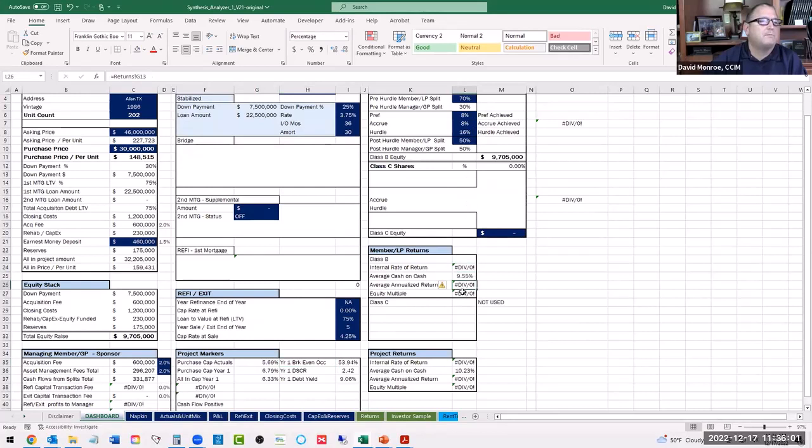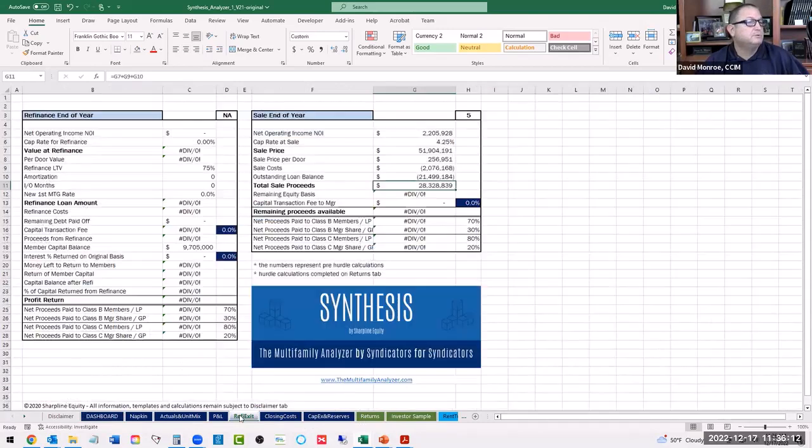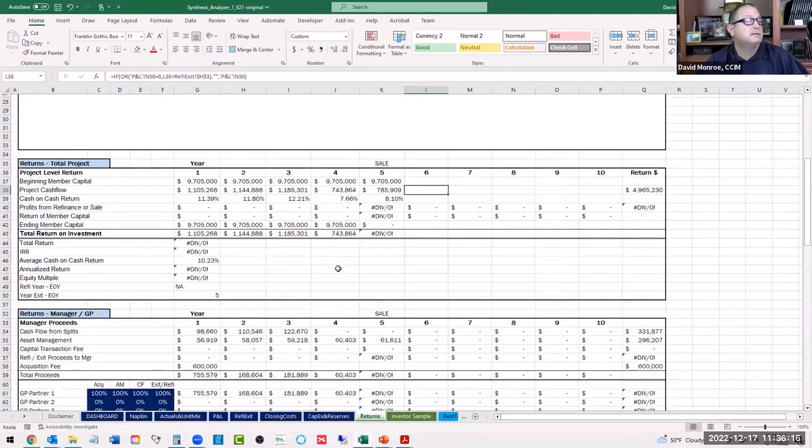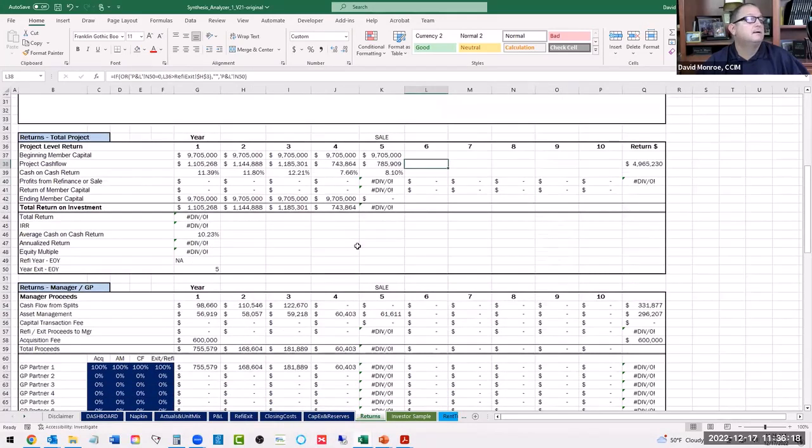The model might be broken somewhere. Well, that's interesting. So if I go back to investor returns, yeah, cash on cash is looking good.